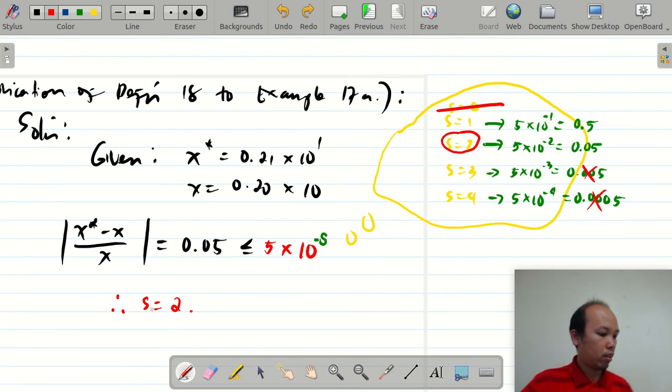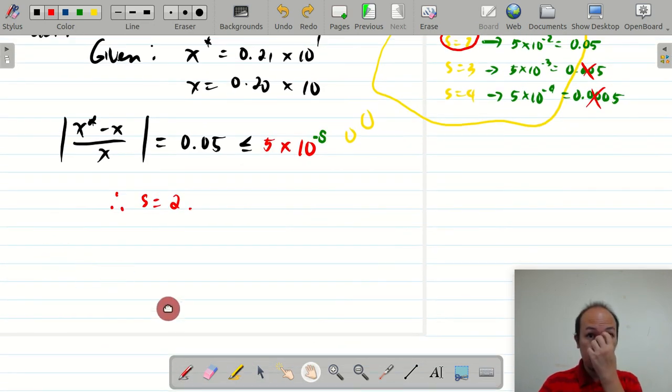So in this example, let's put the conclusion.